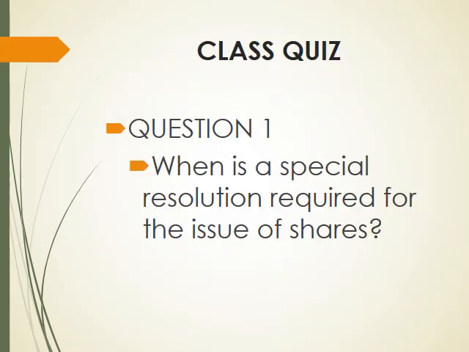So just a quick recap of what we have been covering in terms of Chapter 2 of the Companies Act. Just ask yourself these questions to make sure that you understand what we have been covering. When is a special resolution required for the issue of shares? Just go back a few slides and you will notice that this is when shares are issued to directors or future directors or any of those related parties.